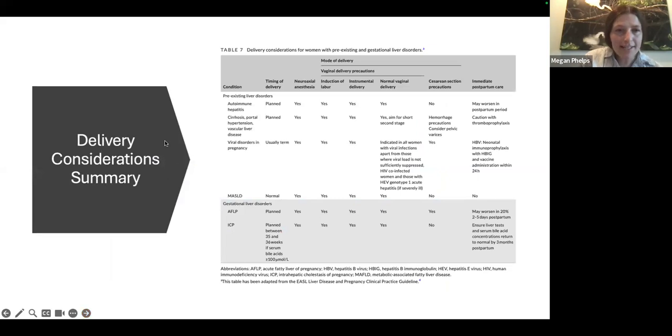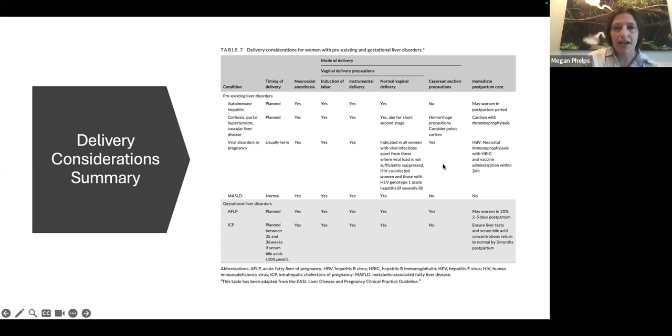And then here is a summary slide. This is from FIGO, and so just going through it, the white section is pre-existing liver disorders. This gray section on the bottom is gestational liver disorders, and then it summarizes delivery timing. They can all have spinal or epidural, assuming that their platelets are not too low. It talks about vaginal delivery considerations, so short second stage and cirrhosis.